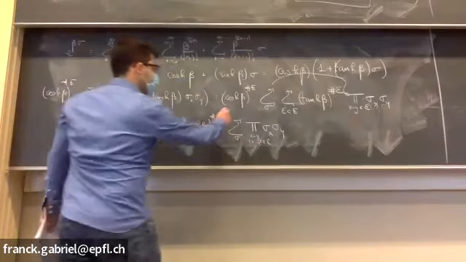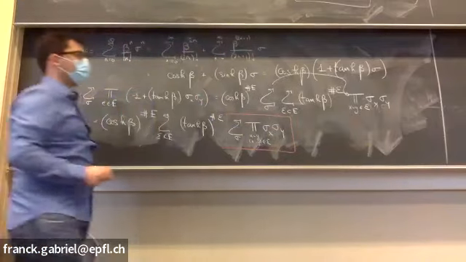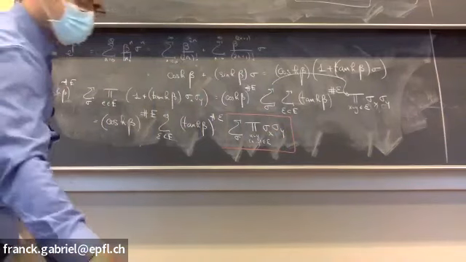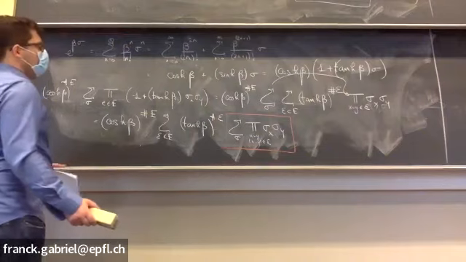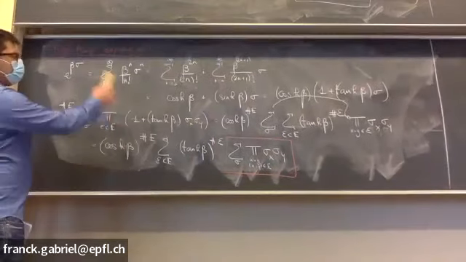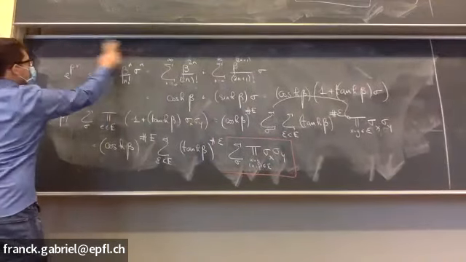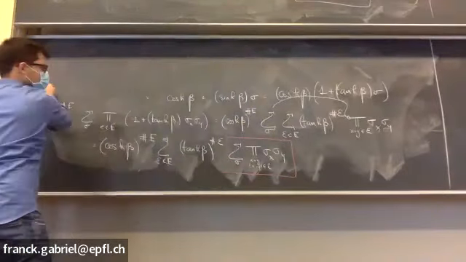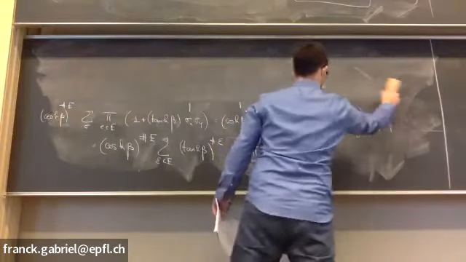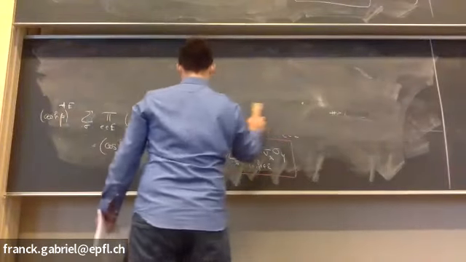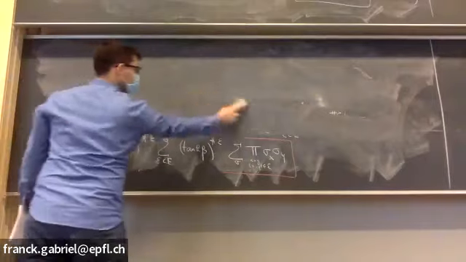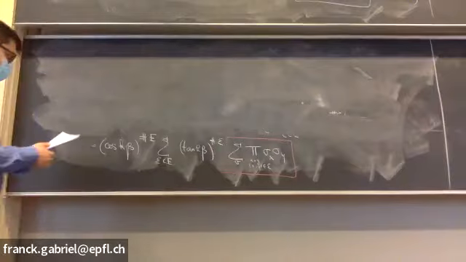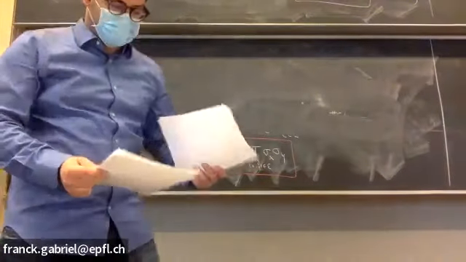What I need to compute is this guy. What is it equal to? I'm going to erase this because I want to keep that. At the end, I have that, and I need to compute this guy here. So what is it equal to?